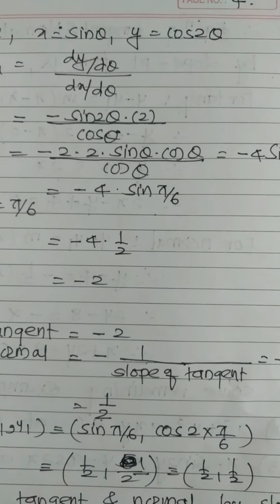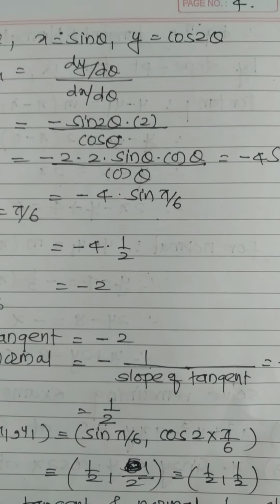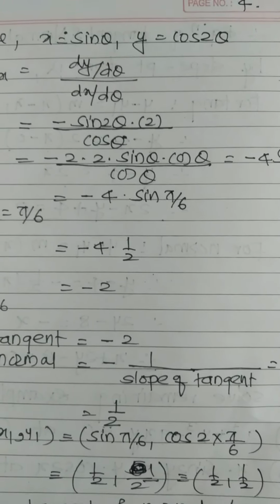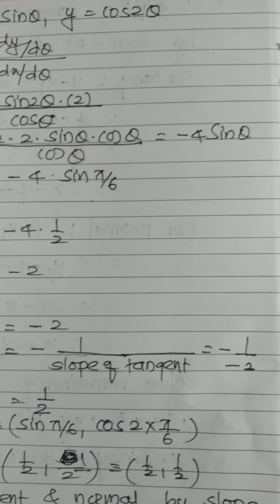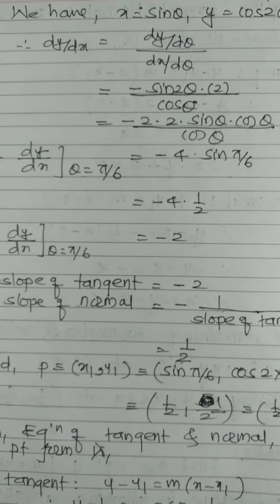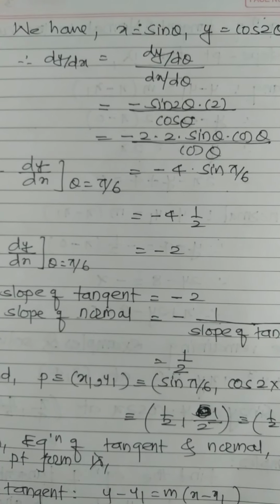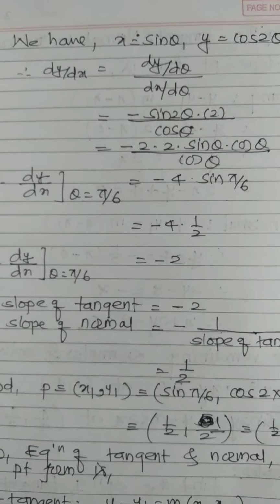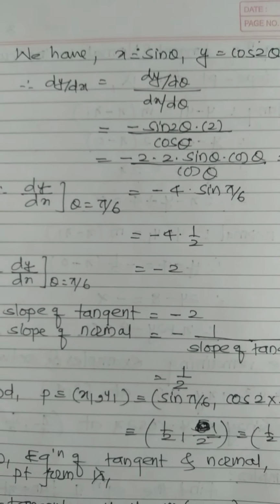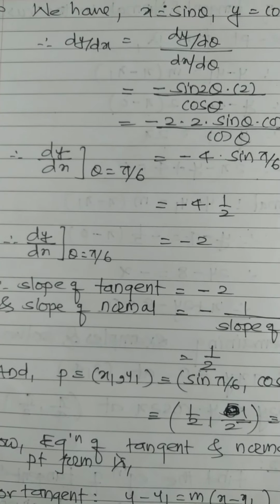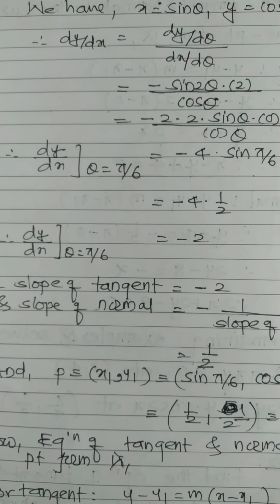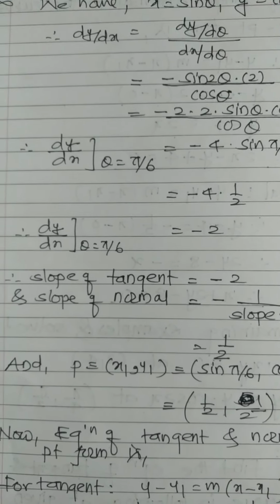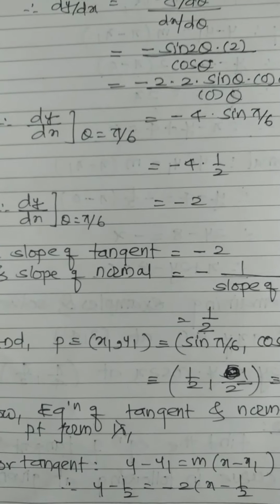Since sin 2 theta is 2 sin theta into cos theta, cos theta cancels, and finally it becomes minus 4 sin theta. Putting theta equals pi by 6, minus 4 into sin pi by 6, where pi by 6 means 30 degrees and sin 30 is 1 by 2. So finally dy by dx at theta equals pi by 6 is minus 2. That means the slope of the tangent is minus 2.